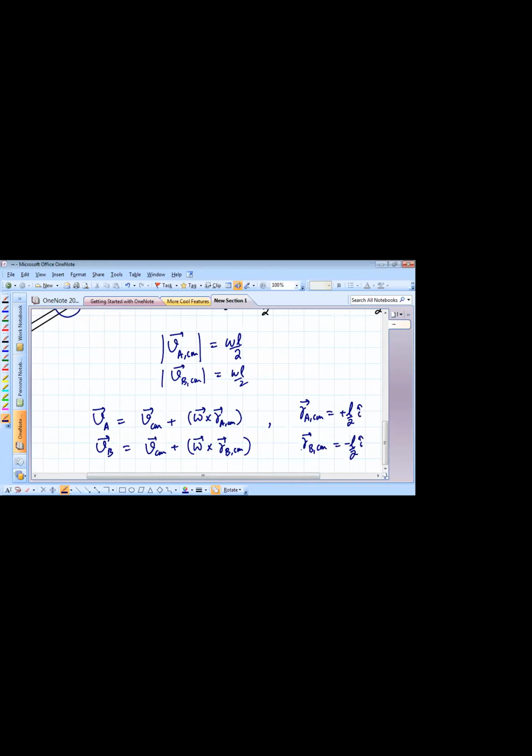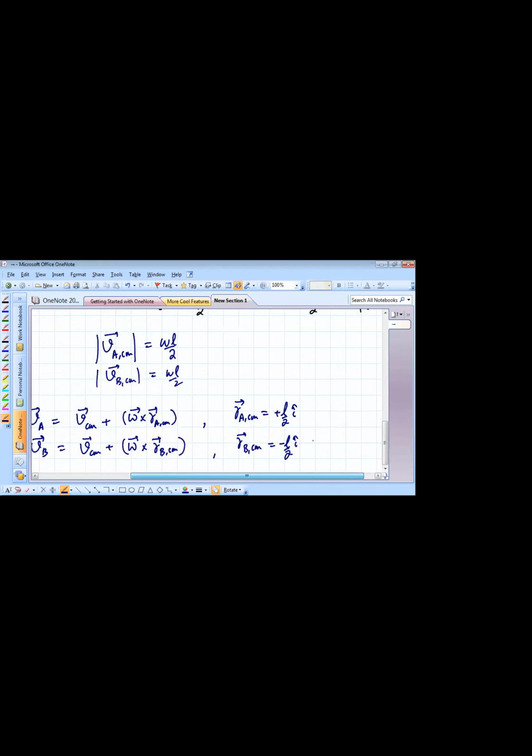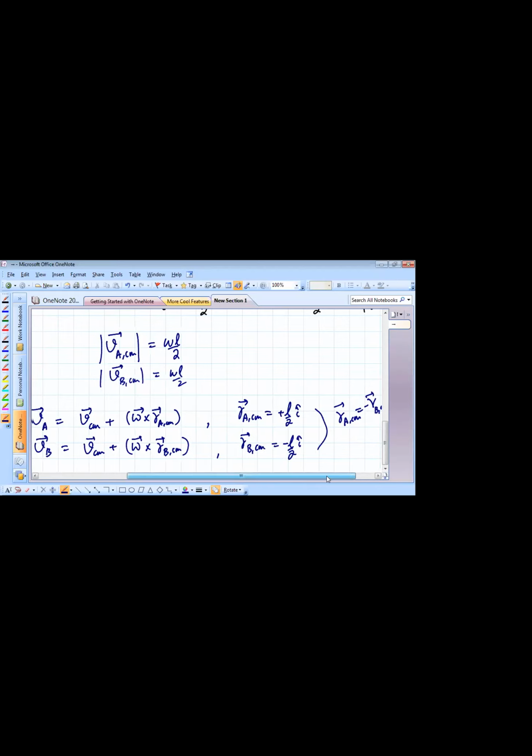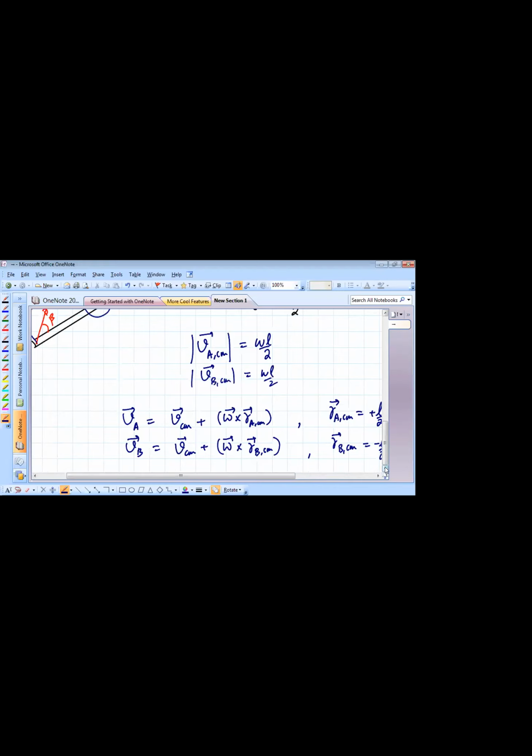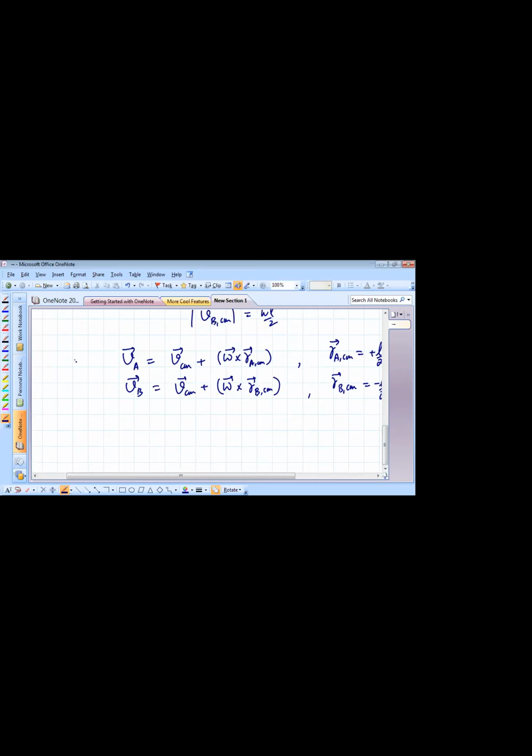But in general also, whatever I take, it will always be such that R of one end point with respect to center of mass will be minus of R of another end point with respect to center of mass. That's why in this equation these two cross product terms will be negative of each other. Okay? So that's why in equation 1 and 2, if you add them, those terms cancel off.